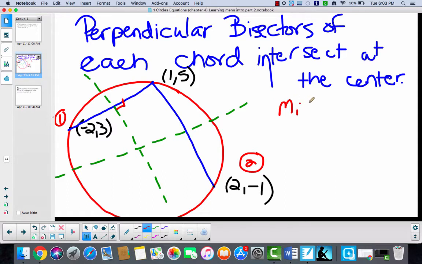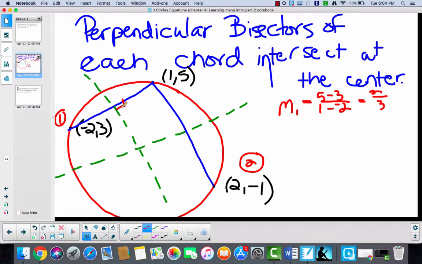remember that the slope is y2 minus y1, so 5 minus 3, over x2 minus x1, which is 1 minus a -2. Okay, 5 minus 3 is 2, 1 minus a -2 is 3, so our slope of this one is 2/3.